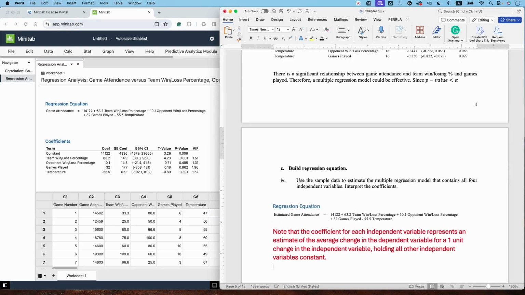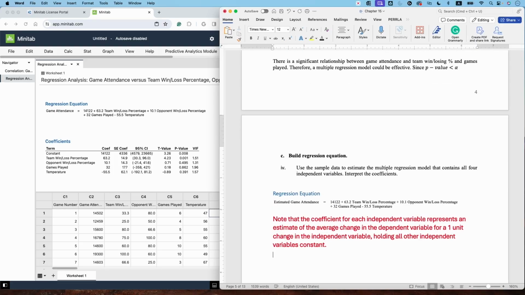For instance, let's just interpret this one. Let's keep everything constant. This is B1, B2, B3.